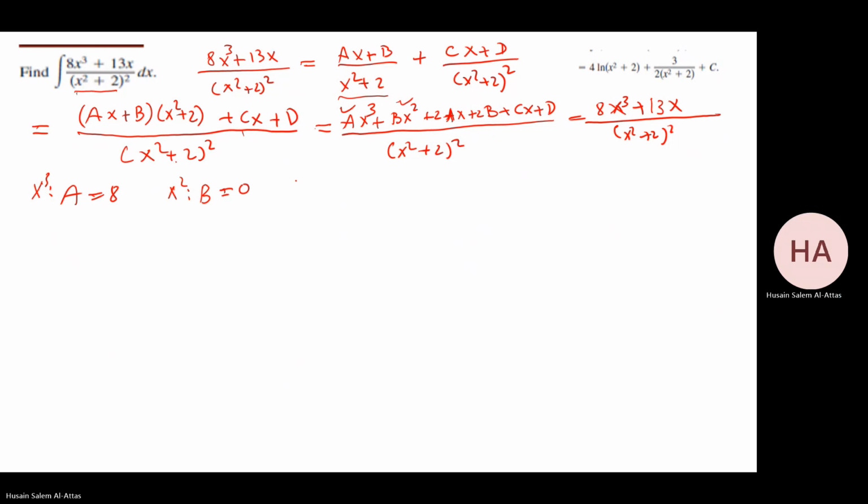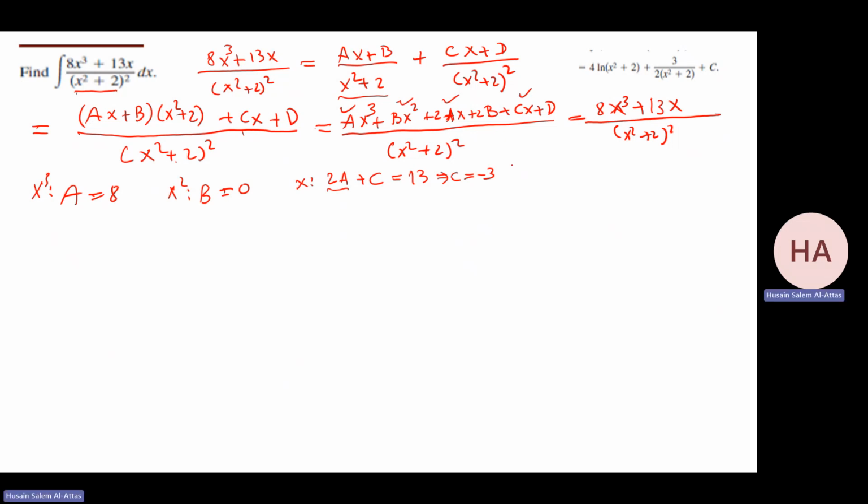Now, what about the coefficient of x? I have 2a plus c, and that should equal 13. Now, 2a is 16. So c is 13 minus 16, which is minus 3.